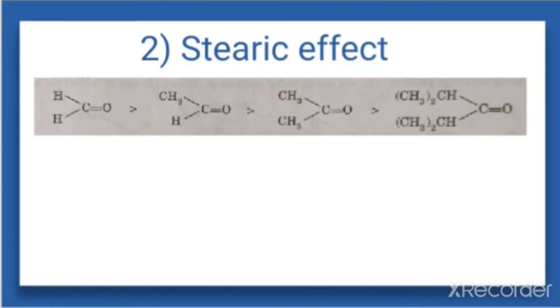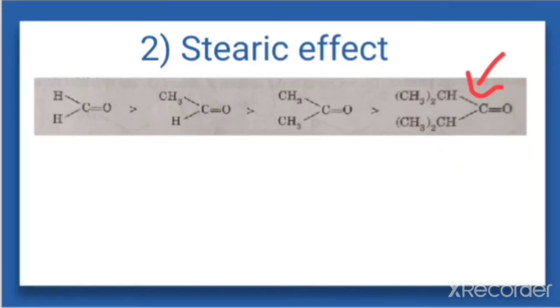So when we compare here, if the carbon of the carbonyl group is surrounded by a bulkier group, then the attack of nucleophile will not be easier because of steric hindrance. So we can say that as the number and the size of the alkyl group increases, the hindrance to attack of nucleophile also increases and the reactivity decreases.